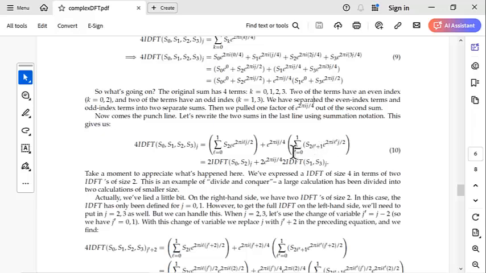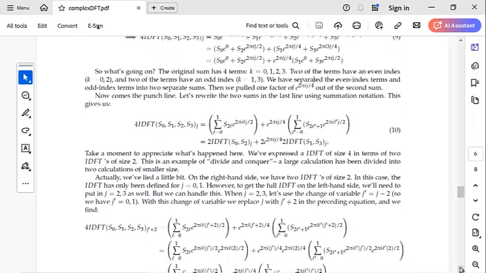The only difference when I look at j equals 2 and j equals 3 is in this term. So the way I deal with it down here is I say, okay, j equals 0 and j equals 1 is taken care of here. For j equals 2 and j equals 3, I can replace the summation index here with j prime equals j minus 2.